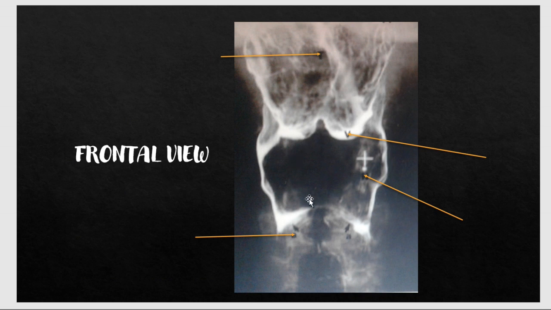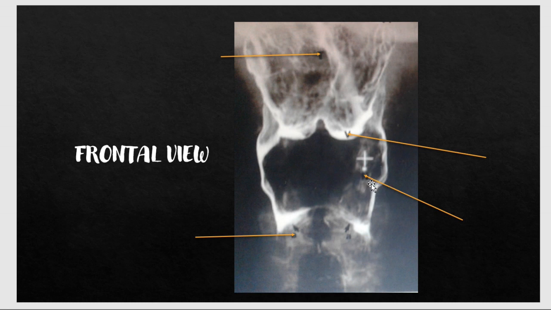and it looks like something like this. This is the frontal view. The opaque things you can see here, the impression of the tongue, the vallecula, the hyoid bone impression here from this side to this side.